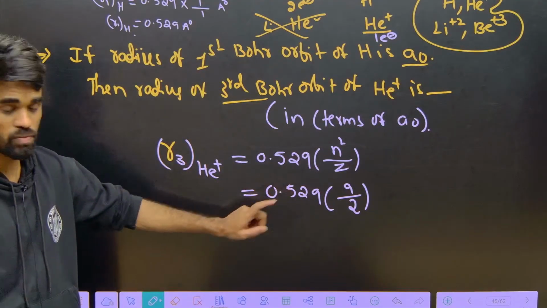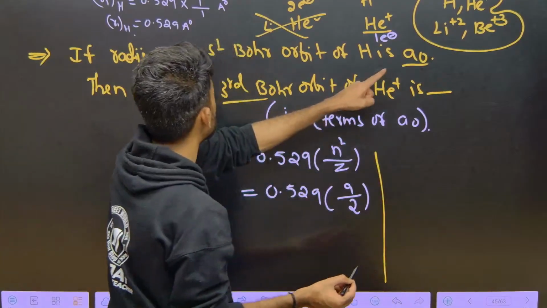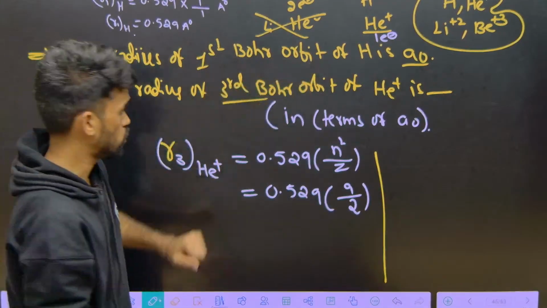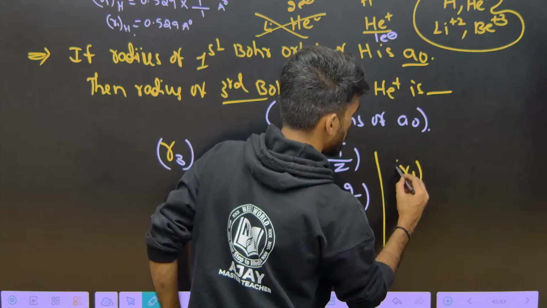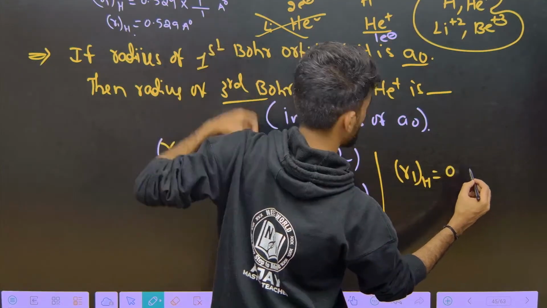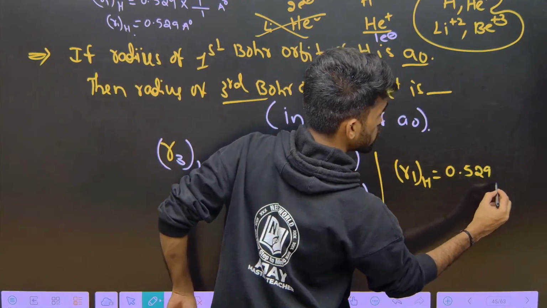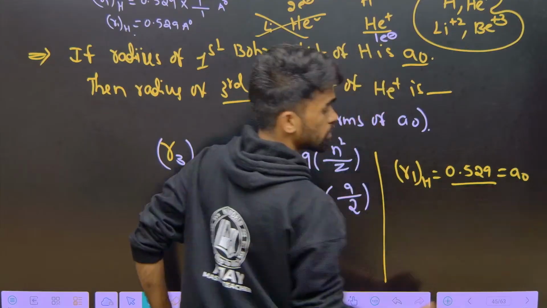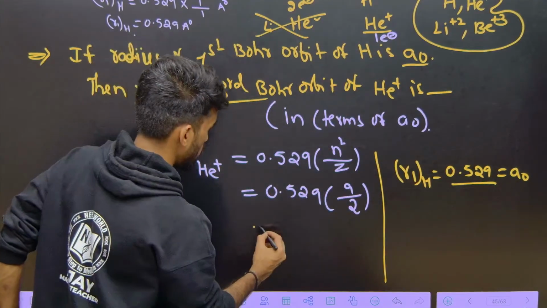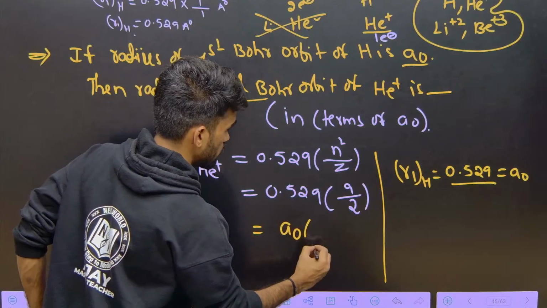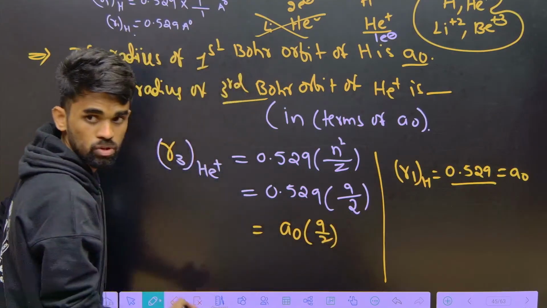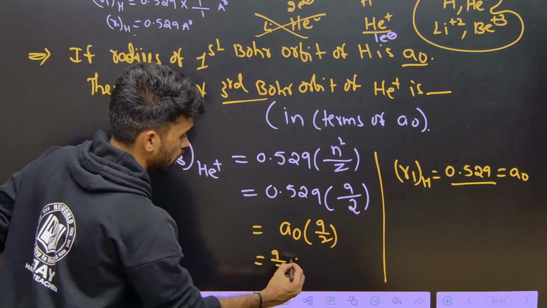A naught is the radius of the first Bohr orbit of hydrogen, which is 0.529, as we did in the previous case. So this value is considered as a naught, and I can say this as a naught into 9 by 2. So your answer should be 9 by 2 a naught.